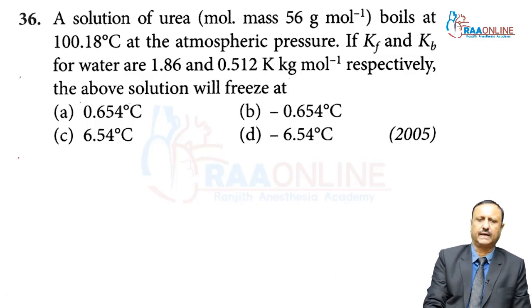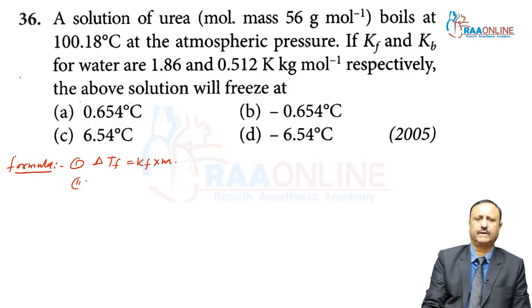My dear students, I will give you formulas, and you can put in the values and get the answer. Number 1, we have the formula delta Tf is equal to Kf into small m. Another formula for boiling point, delta Tb is equal to Kb into small m.